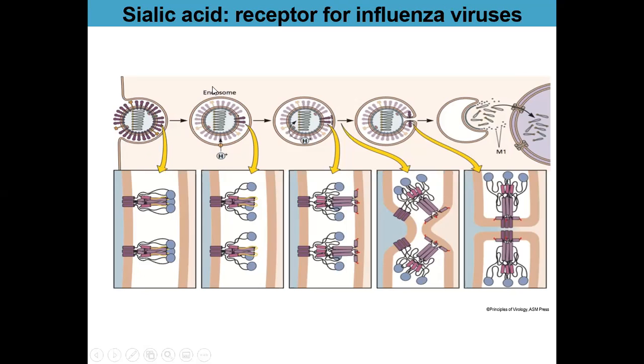After the endosome is made, the genomes, the capsids and the viral envelope that is present around these nucleic acids should be destabilized, and there should be a release of the genome, because if the genomes are not released, then the virus will not be able to replicate.